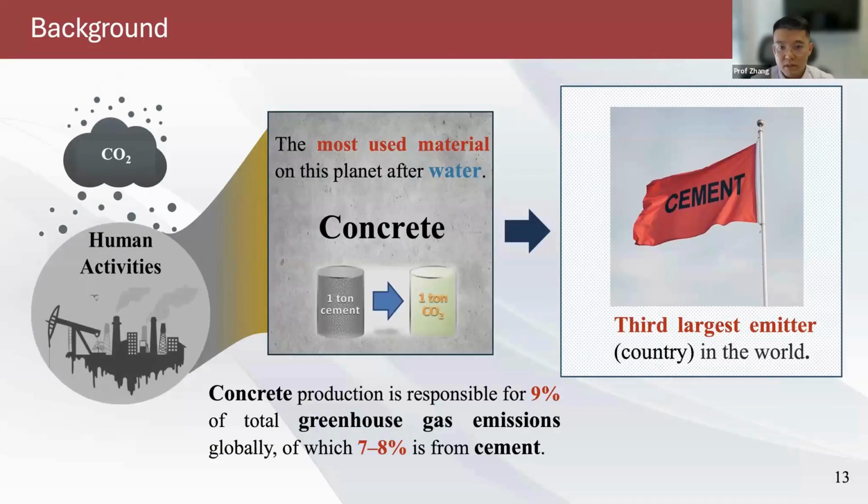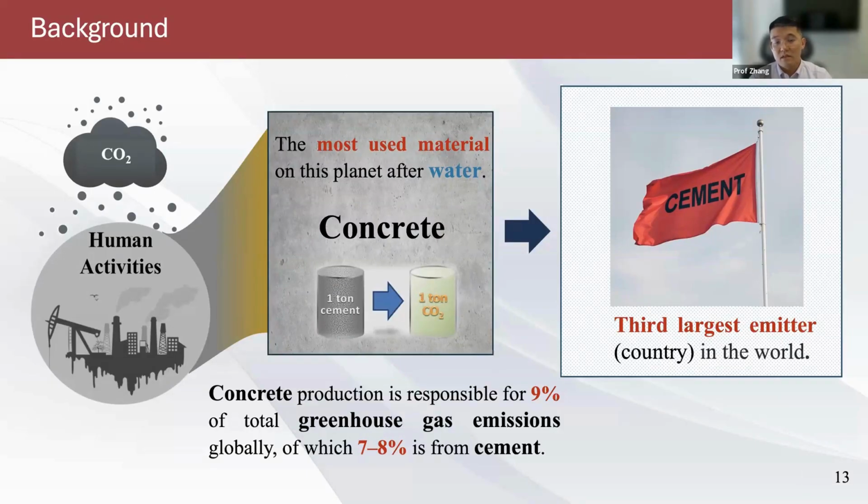Unfortunately, the concrete material, that is the material I'm working on, is the most used material on this planet right after water. And this single material contributes 9% of total greenhouse gas emission globally, of which 7 to 8% is from cement only. The production of 1 ton of cement will consequently lead to the generation of about 1 ton of CO2.